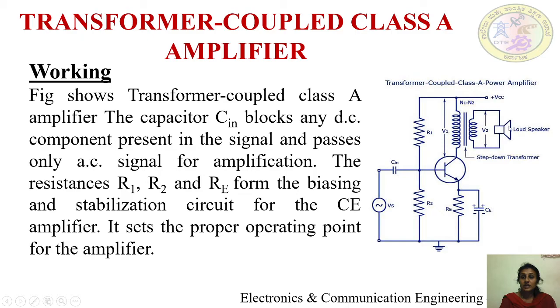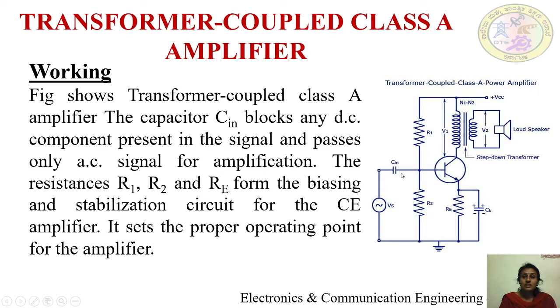To the secondary winding we are connecting the loudspeaker using a step down transformer. Vs is the input voltage, R1 and R2 become biasing resistors, and Re is the stabilization circuit for the CE amplifier.